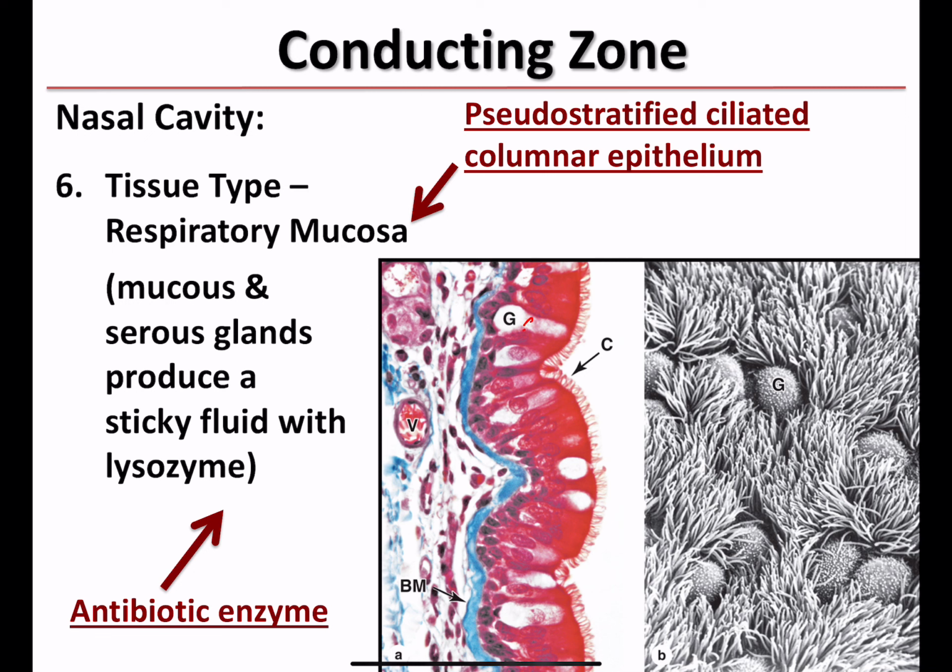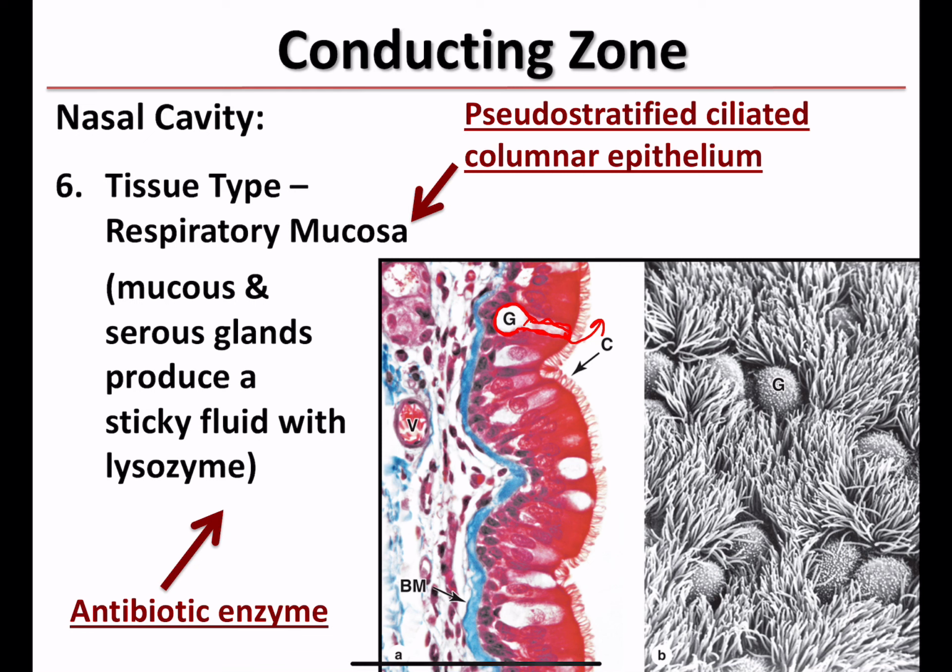You can see one little goblet cell right here. As you guys know, goblet cells make mucus. They're like little cups of mucus. In fact, goblet means cup. It's a middle-aged word for cup or chalice. And these are chalices, if you will, filled with mucus, secreting the mucus out onto the surface of this epithelium. That's why we refer to it as mucosa.